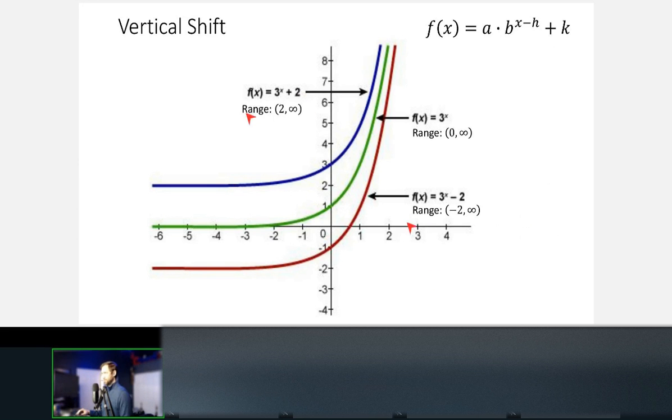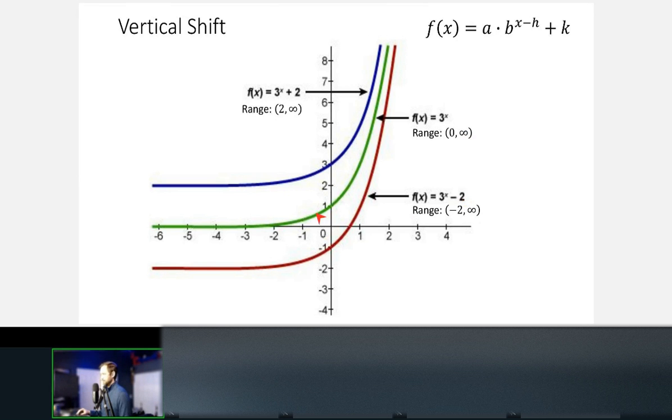So remember, the range is your y value. So for the parent function, y equals 3 to the x power, our graph approaches 0. It doesn't touch it. It looks like it does, though, but it doesn't touch it. It just kind of hovers right above it. So it's from 0 to infinity. Remember, it's the y value. And then for this one here, this one has a vertical shift of down 2.